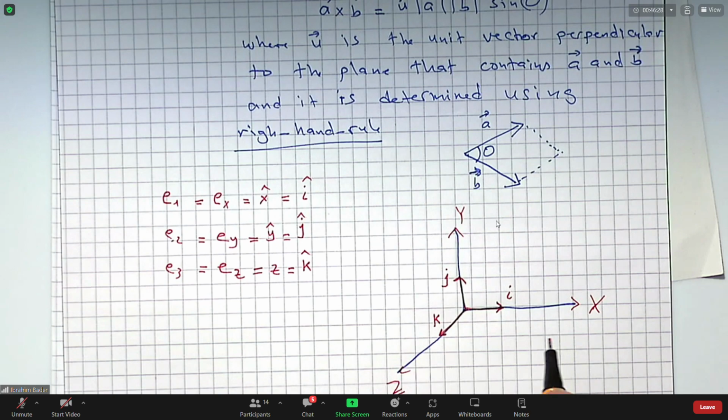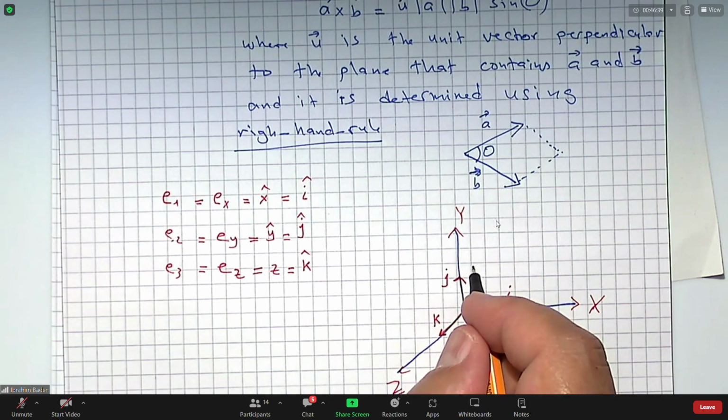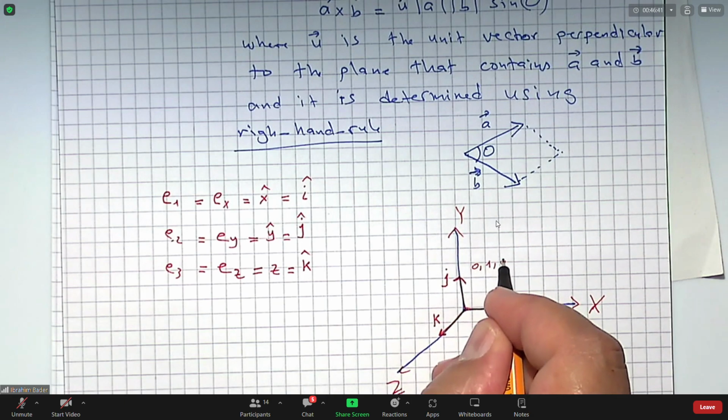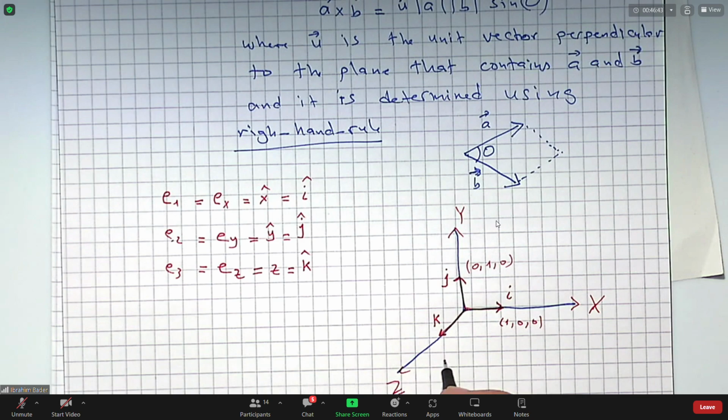Okay, now what are the coordinates of these vectors? This vector here is 1 unit on X and all others are 0. So this one is 1, 0, 0. This one, 0, 1, 0. Here along Z, I have 0, 0, and 1.